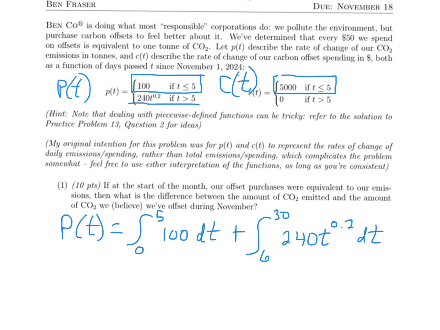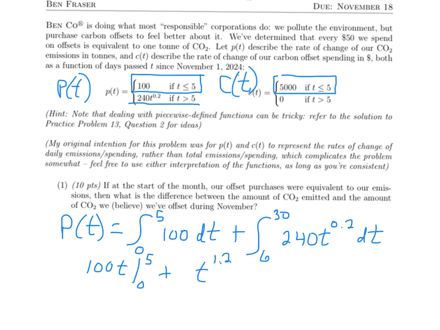So if we integrate, I won't go through the whole thing because this is a marked assignment, but let's just get a start on it so you know what to do next, okay? So for 100, it would be 100T, and we're going to evaluate that over 0 to 5. And then for 240T to the 0.2, we would have to go backwards and add 1 to our exponent.